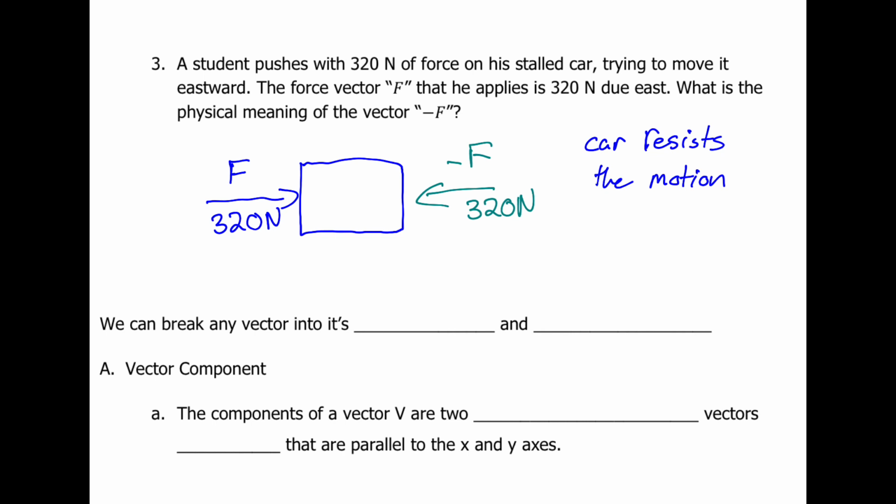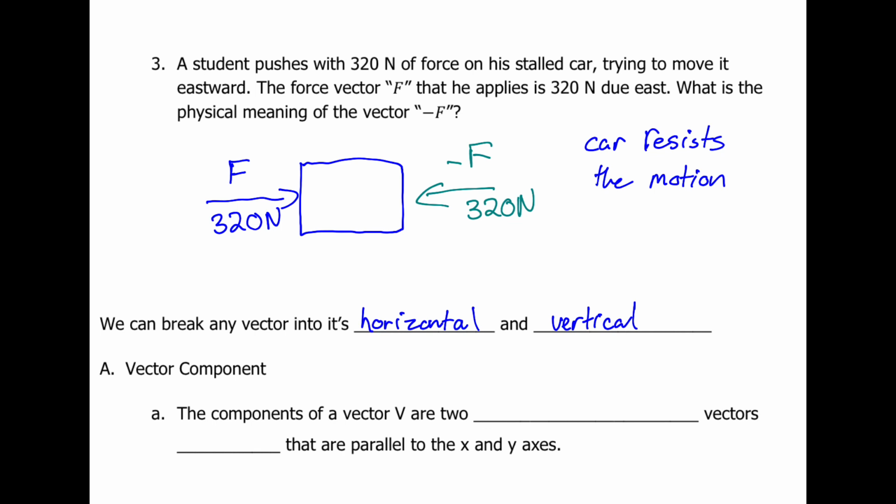Okay, so we can take any vector at any angle and take it apart into a horizontal and vertical component. So basically, horizontal and vertical. We take any line on a graph and say, this is some x and some y.